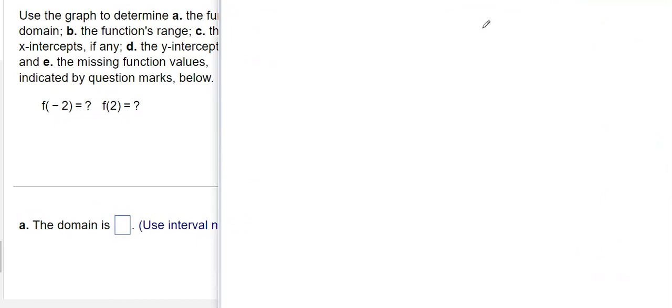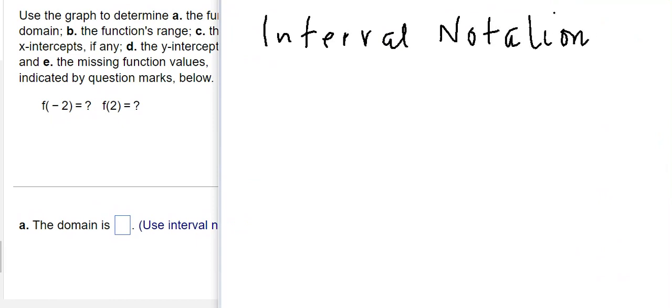In interval notation, you have either a bracket or a parenthesis, and I'll tell you which one and why. And the smallest value first.